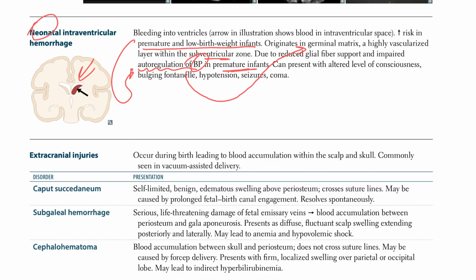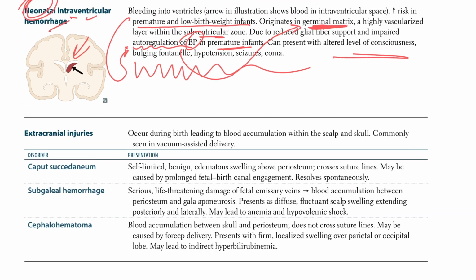So maybe high blood pressure causes this rupture of this germinal matrix, high yield germinal matrix. Okay, germinal matrix for the neonate, intraventricular hemorrhage. It's going to present as altered level of consciousness, bulging fontanelle, hypotension, seizures, coma. Simple.